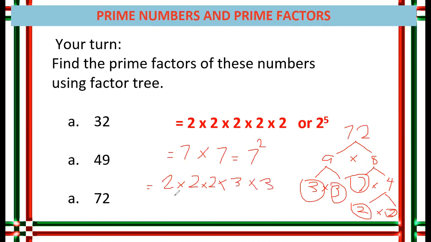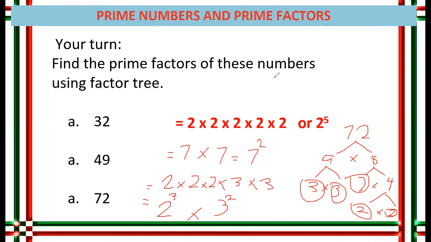All right. Now let's write it as powers. So how many 2 do we have? 1, 2, 3. So let's write 3 above. Then how many 3 do we have? We have 1, 2. So there you go.